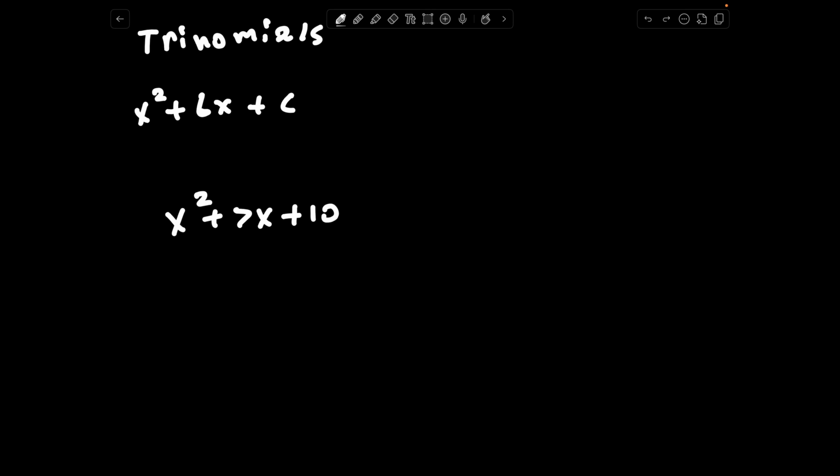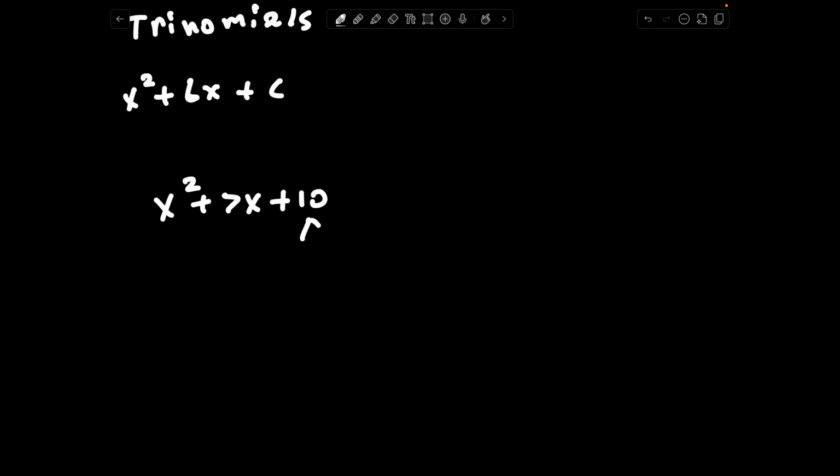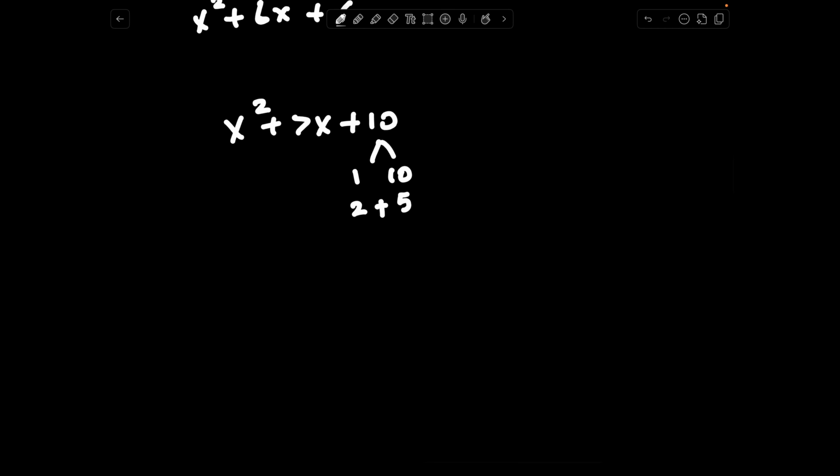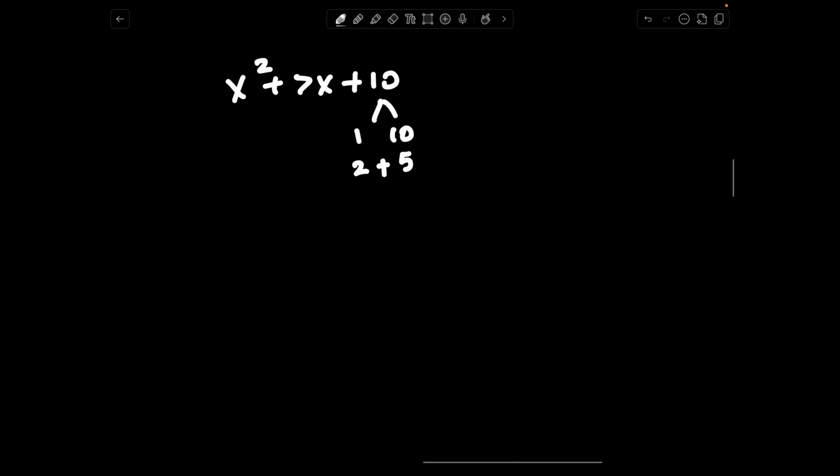So how I like to do this is I like to write every possible multiplication for 10. So we're given 1 and 10, and 2 and 5. Just looking at these, which of these add up to 7? 1 and 10 gives 11, and 2 and 5 is the only thing that works. So it's really simple after this.